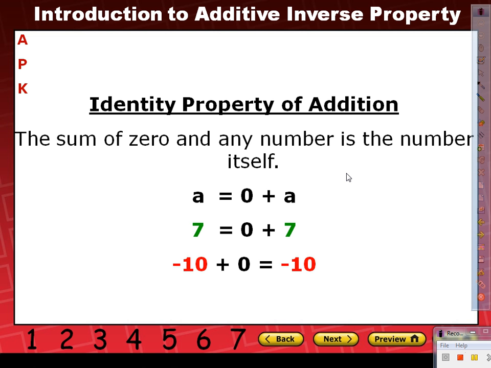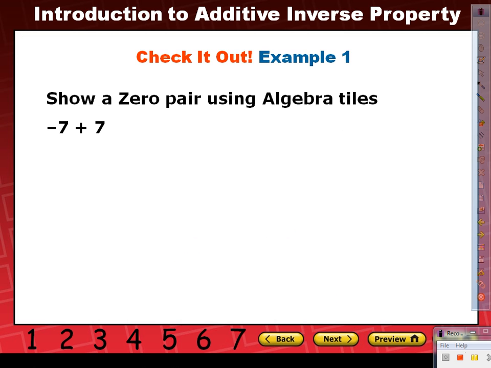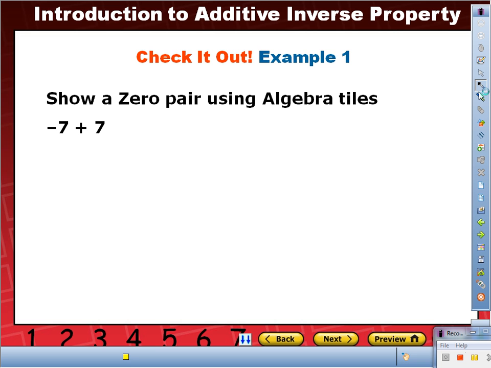Example number 1. Underneath your Frayer model, the Frayer model from your notes, I want you to copy this down. Example number 1. Underneath the little box, I want you to write example 1 and copy that down.